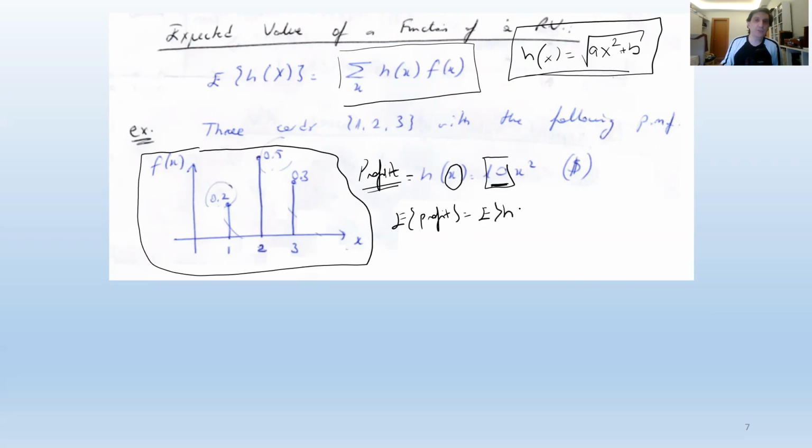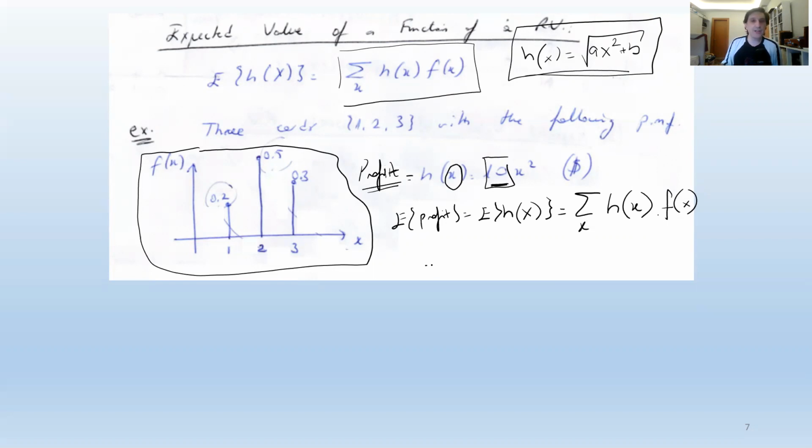Hence, in mathematical terms, it's going to be equal to expected value of h(x). And using this equation, we can easily show it in this fashion. So this is over the domain of x or support of x, the deterministic function value at these support points multiplied by the corresponding probability mass function value.